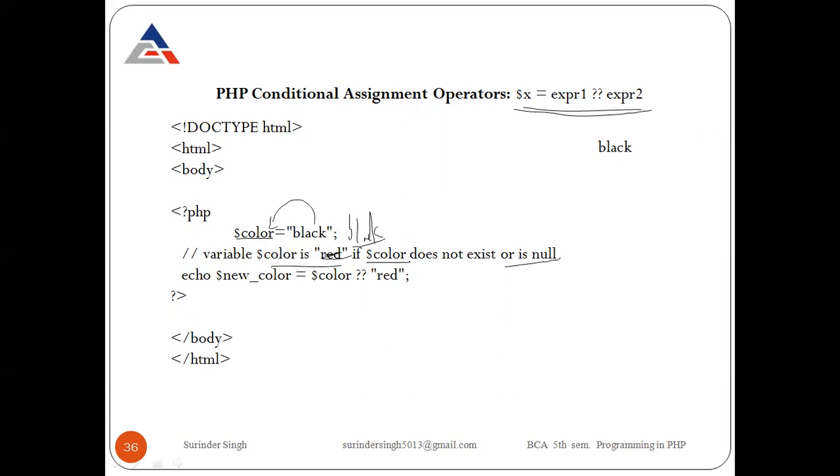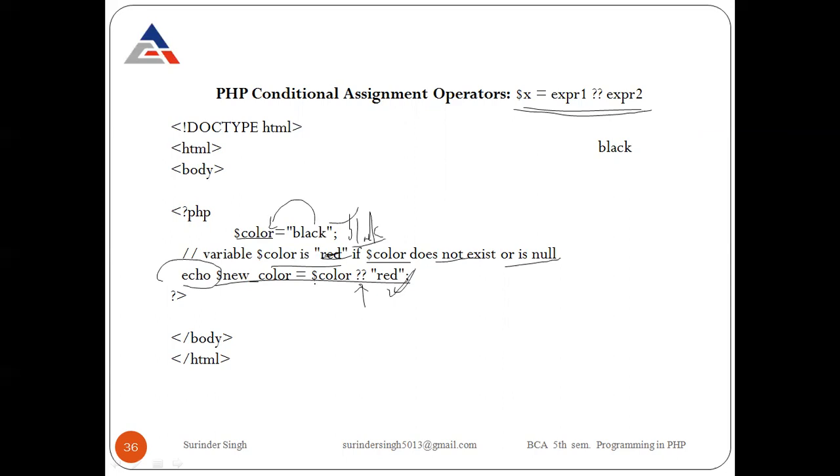If color does not exist or is null, these are the two cases. But in this case, we have the value black in the variable color. And here we are checking and also printing: new color equals color null coalescing red.